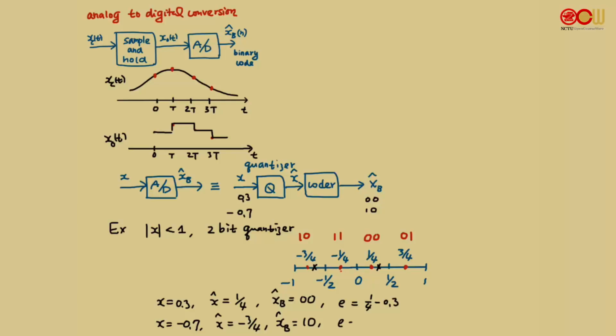And in this example, it would be -3/4 plus 0.7. We can see that the largest quantization error would be half the step size, and the smallest would be the negative of half the step size.